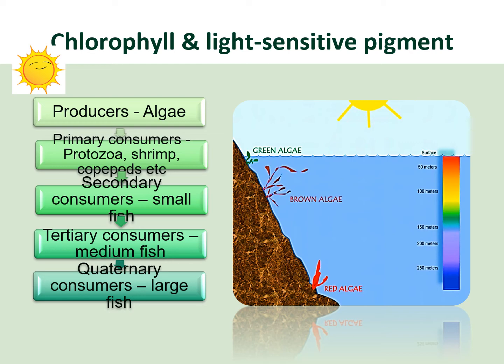Sunlight has a wide spectrum of visible light hitting the surface of a water body. Red visible light is absorbed first, so it penetrates roughly through the first 50 meters of the water. At the other end of the spectrum is the blue light, which is able to go as far down as 250 meters.